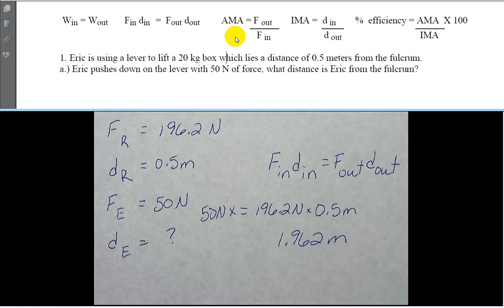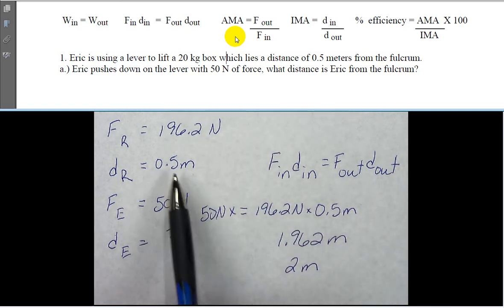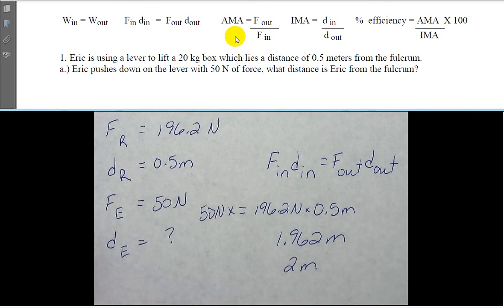On this one, we're not going to talk about significant figures because it is only one significant figure. If your teacher does want you to go with significant figures, it would actually be 2 meters, noticing that here I have one significant figure, and here I have one significant figure.